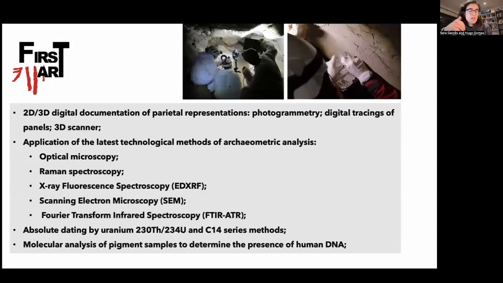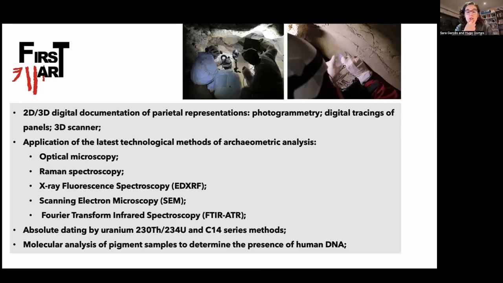And in First Art, we are trying to use both documentation techniques and methodologies with archaeometric analysis to try to reach a more comprehensive and better understanding of the rock art that we are working with. We are also using absolute dating with the uranium-thorium and C14 methods.